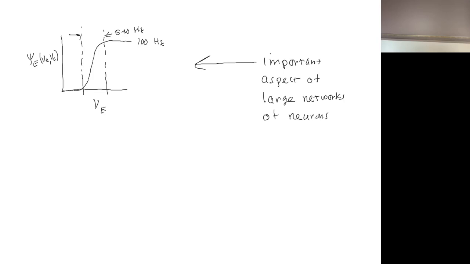So in some sense, they're strongly coupled. Meaning not very big change in average firing rate has a big effect on each neuron. Okay, so let's write down our equations again.